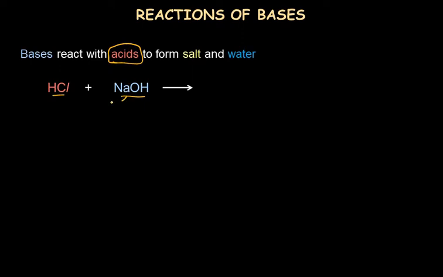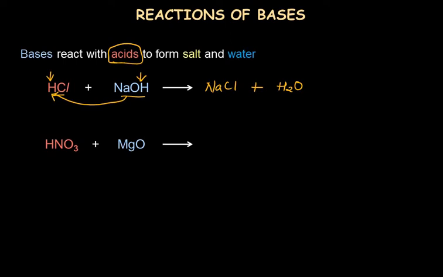So when the metal of a base replaces hydrogen out of the acid, a salt is formed. If hydrogen is replaced by sodium, then we get sodium chloride, and the remaining part, the hydrogen and the hydroxide ion, makes the water molecule. So this is how a strong acid and base react to form salt and water.